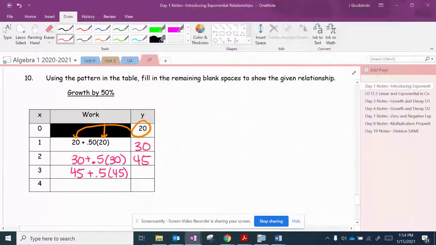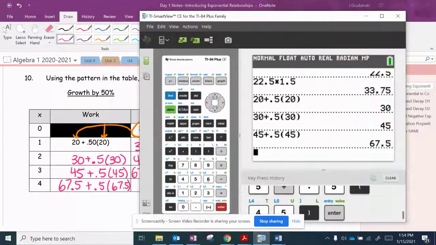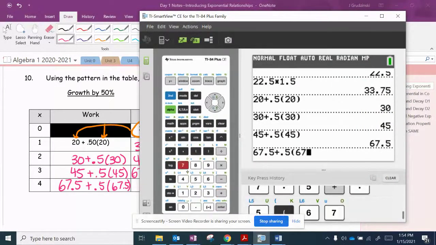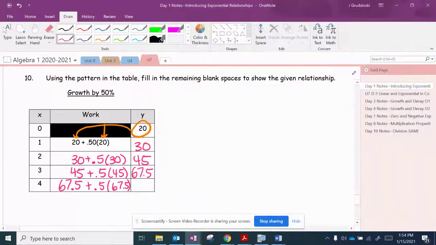So I get 67.5. And now the 67.5 goes first, and in the parentheses. And I get 101.25.